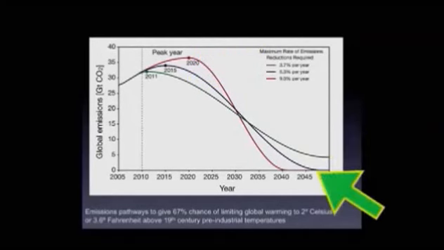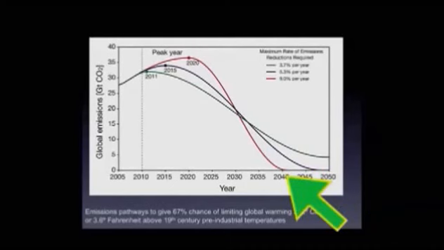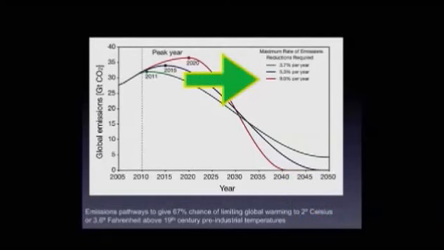If you wait until 2015 before you reduce them, then to meet this goal, you have to decrease them by about 5% per year. And if you are going to procrastinate and dither, as the world has done, until 2020, then you must reduce them by this rate here, which economists will tell you is essentially difficult or impossible to do.